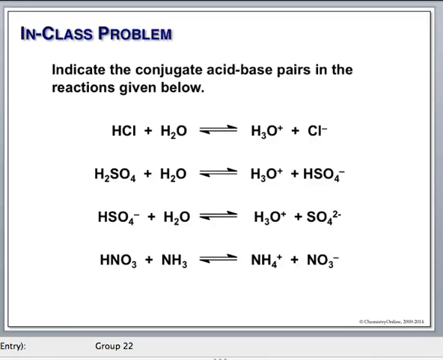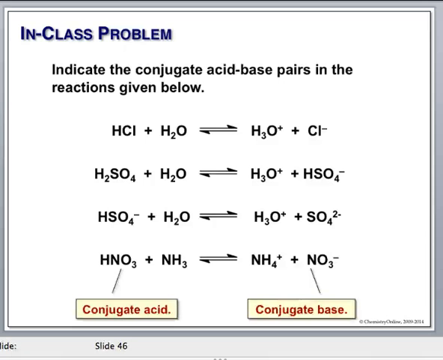If you had an ocean filled with liquid ammonia, you could imagine it would be possible to have life in there. A different type of life than we have, but the same sort of chemistry might apply. Nitric acid, acting as a Bronsted acid, is going to lose a proton to form its conjugate base.